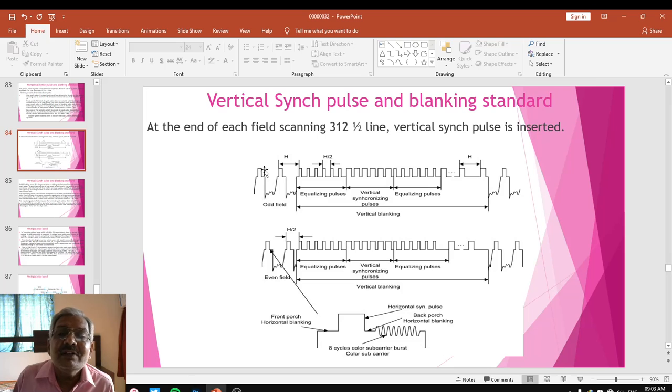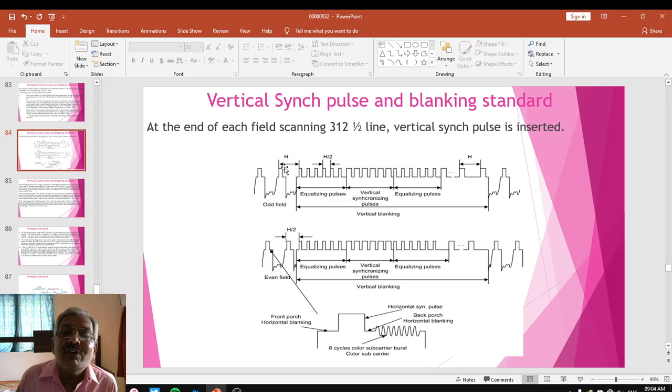Again I will repeat, this is the horizontal blanking pulse containing front porch, sync pulse and also the blanking pulse, whereas this part is called the video signal proportional to the picture information. This also represents the same. Here the odd field completes. We know that when we studied interlace scanning, at the end of the odd field, the bright spot reaches the center of the bottom of the television screen, and when the spot reaches the center of the bottom of the screen, this set of pulses is applied to the vertical deflection system.